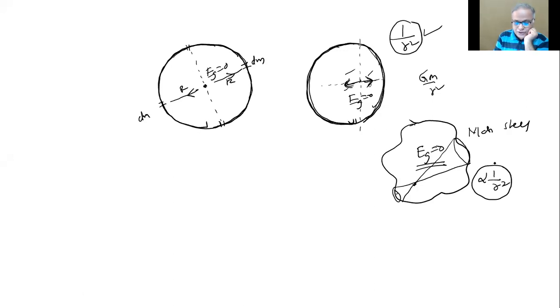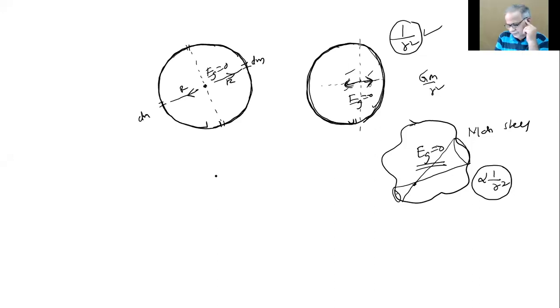So, what are the results? I talked until now about a shell, spherical shell especially. Results, finally, I want. Small r greater than capital R, the shell will act like a point mass at the center. Small r is equal to capital R also, it will be a point mass.